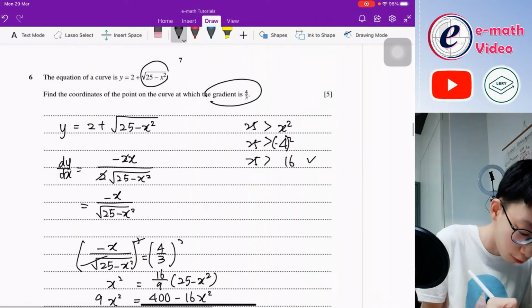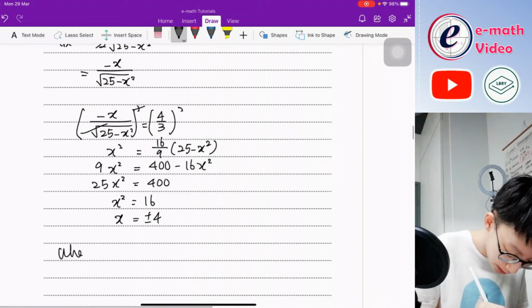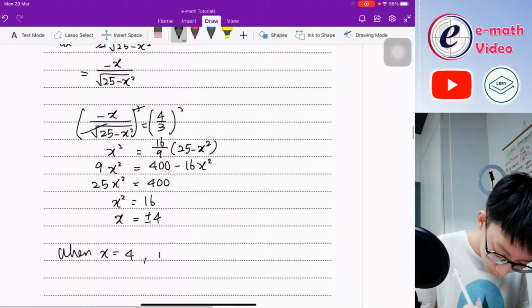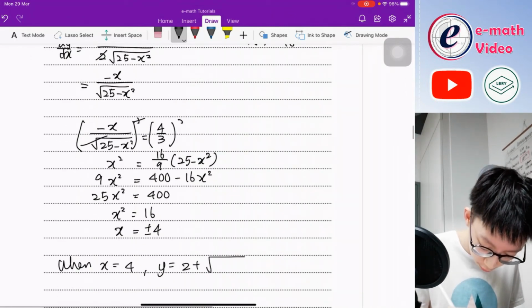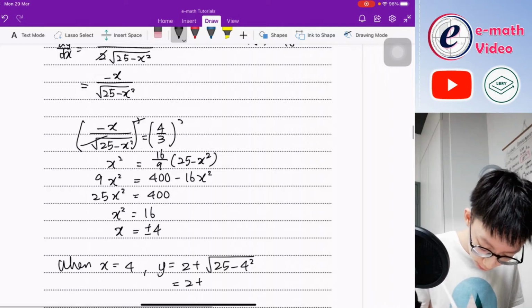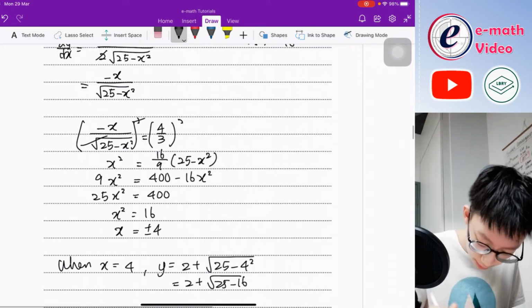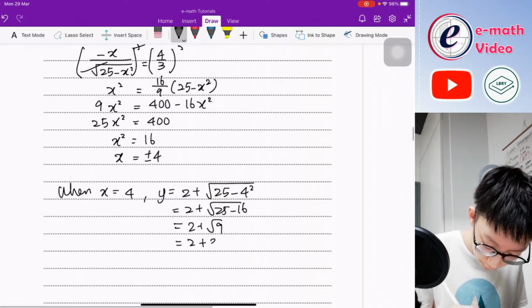Find the coordinates. So just sub it back. When x equals 4, y equals 2 plus the square root of 25 minus 4 squared, which is 2 plus 25 minus 16, which is 2 plus 9, which is 2 plus 3, which is 5.